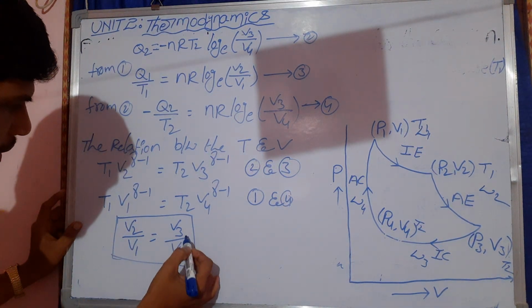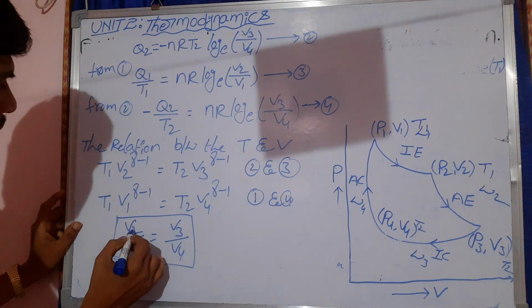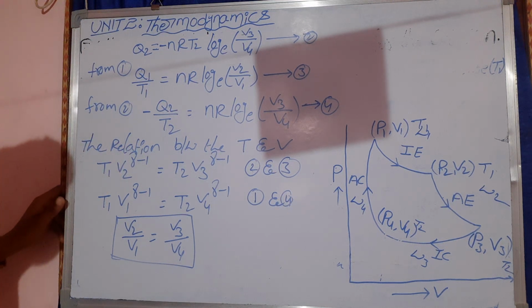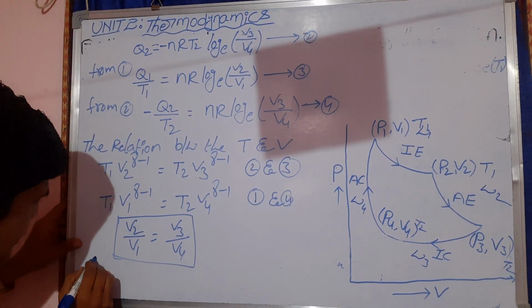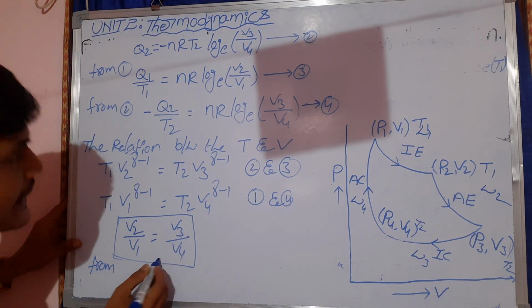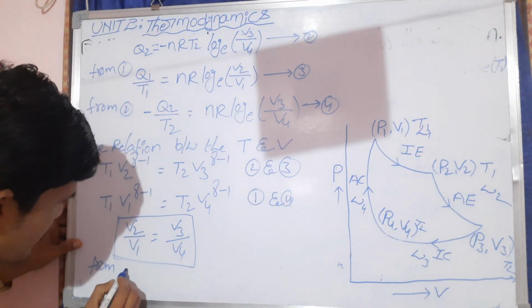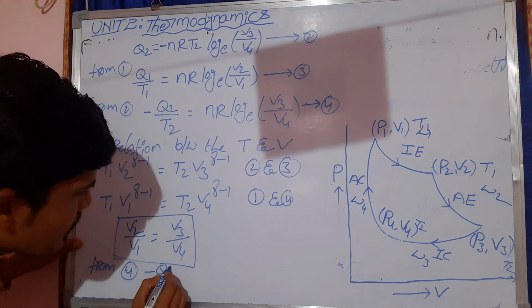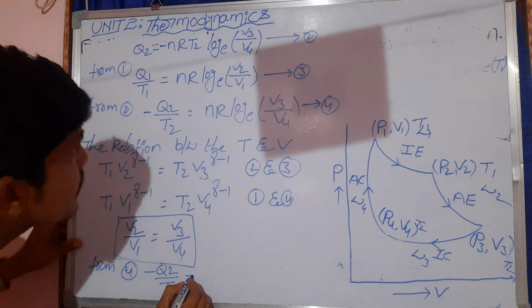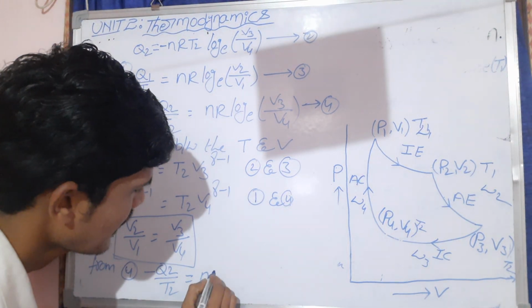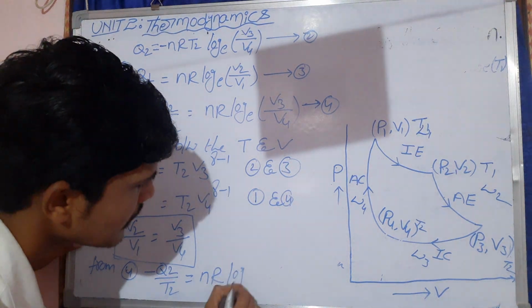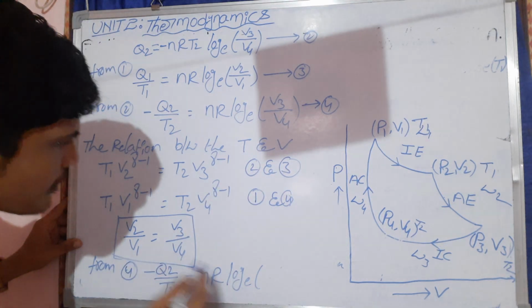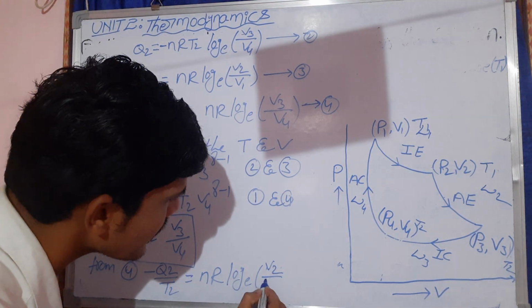Substituting the V3 by V4 value with V2 by V1 in equation number 4, minus Q2 by T2 equals nR log base e V2 by V1.